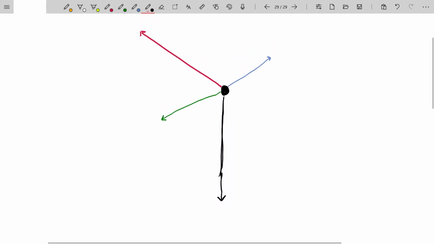The planet is pulling it down because that's the force due to the acceleration due to gravity. It's mass times acceleration. So those are maybe all the forces. Like somebody in blue is pulling in one direction, somebody in red is pulling in another direction, somebody in green is pulling in another direction, and that object has a weight so that the Earth is pulling it down.